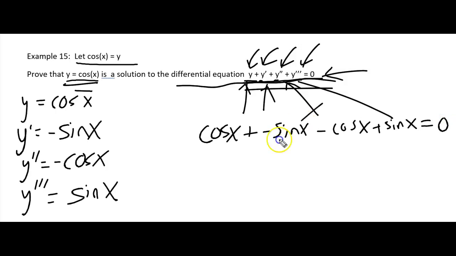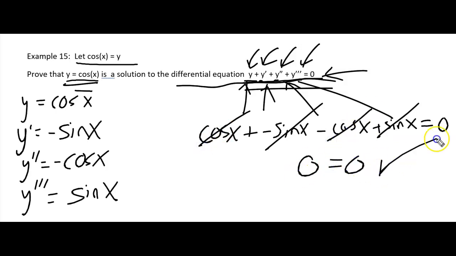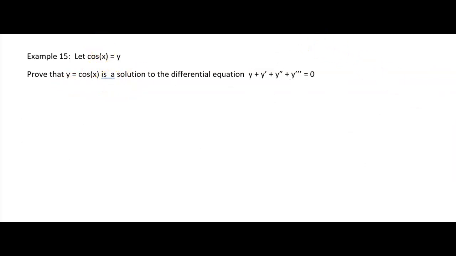And yes, it does, because negative sine cancels positive sine, and cosine cancels negative cosine. So we're left with 0 equals 0, and it checks out. If we didn't end up with the left side equaling the right side, that would mean that this is not a solution. But it is, so we're good to go. So that's basically it. Let's go ahead and try another example here.